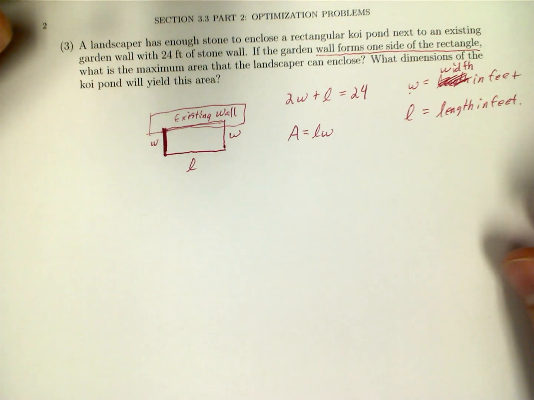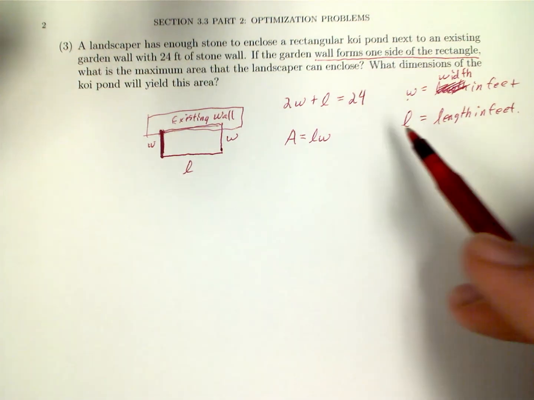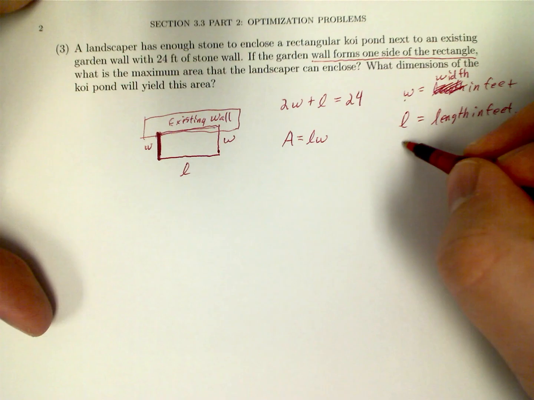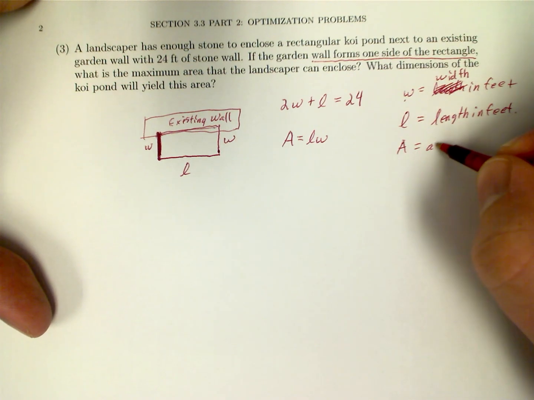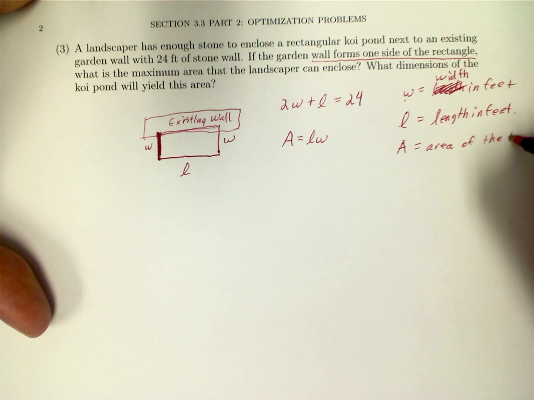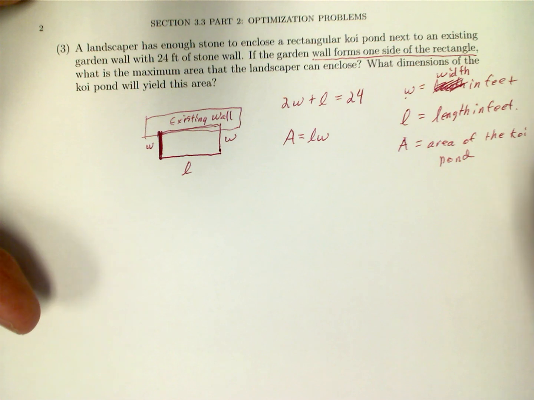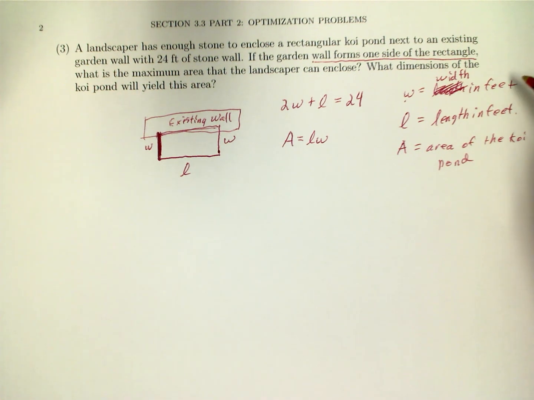A really good idea, and I can't stress that enough, is to define variables when you're dealing with them. Even this, we'll say A is the area of the koi pond, W is the width in feet of the koi pond, and L is the length in feet of the koi pond.